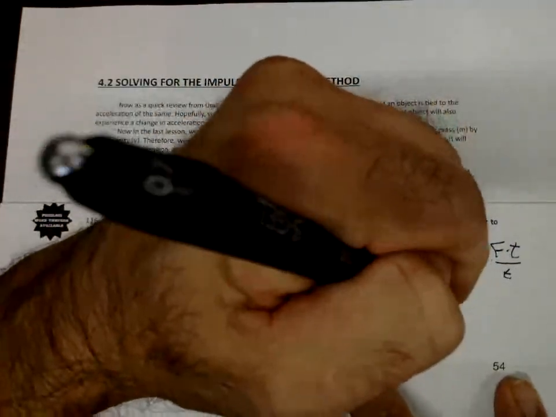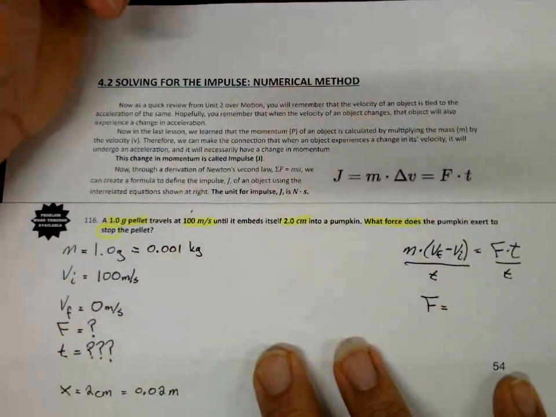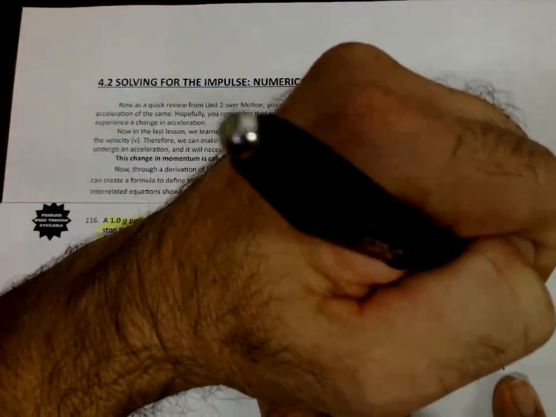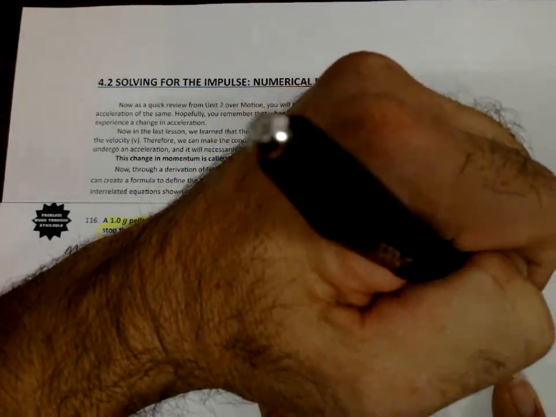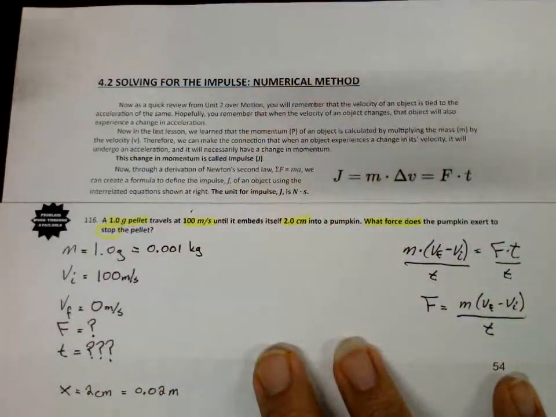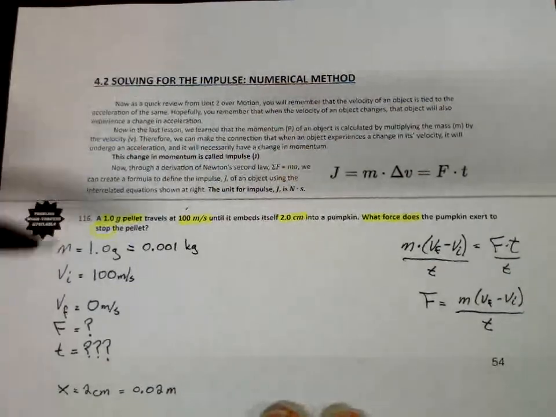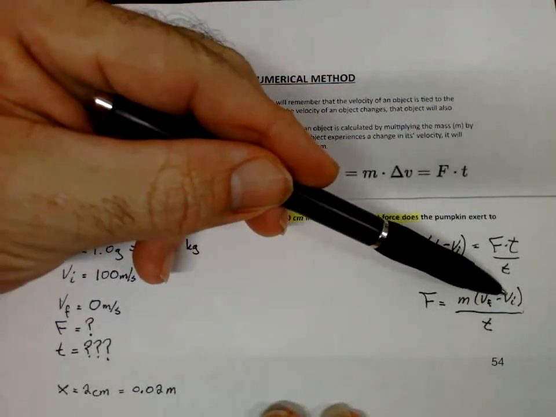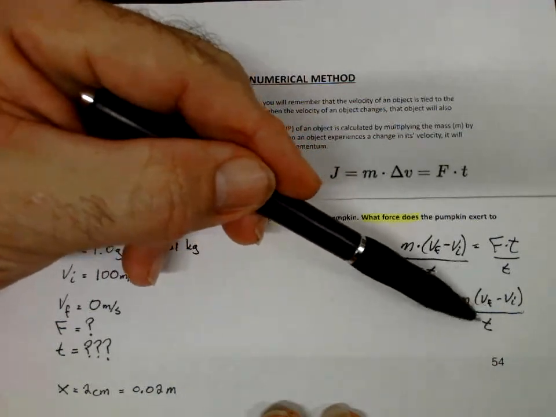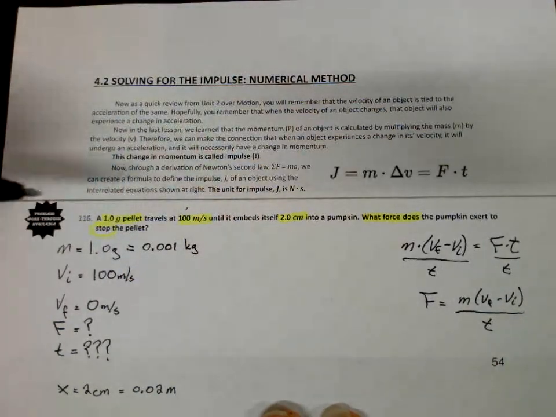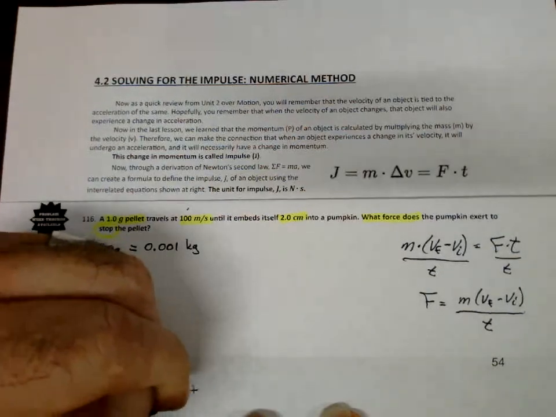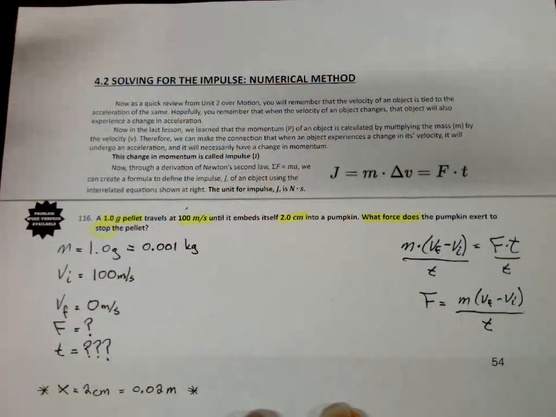So our formula that ultimately we'll need to use is force equals m(Vf minus Vi) over t. Now, like we see in our laundry list, we have mass, we have final velocity, we have initial velocity. We don't, however, have time. So how can we find time?